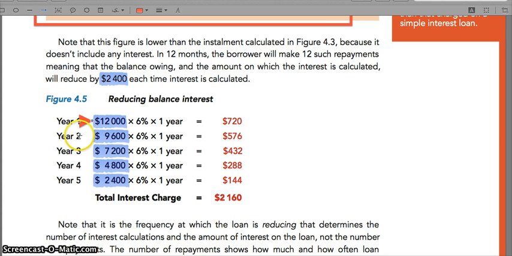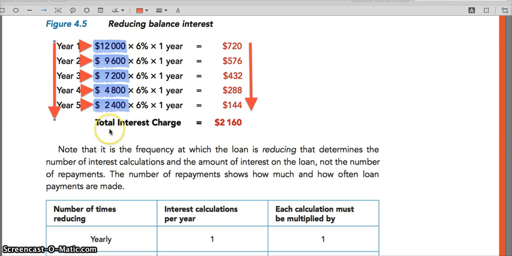We've got 1 year at this, next year at this, next year at this, and then in the final year we only owe $2,400. So notice the amount of interest we're paying is reducing as the balance is reducing. As we reduce the amount we owe, the interest is actually reducing to coincide with that.